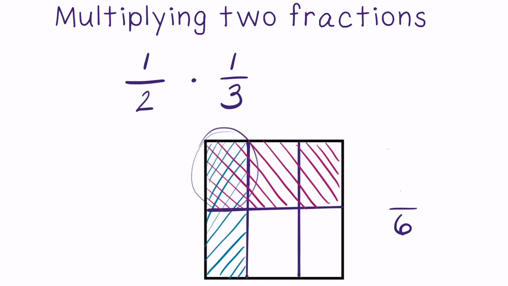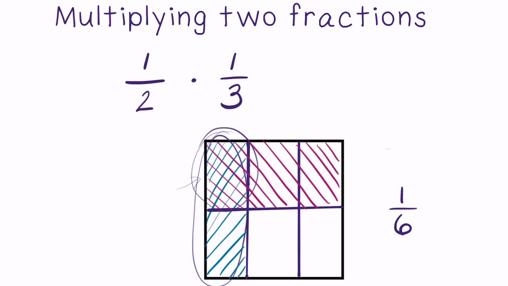Therefore, the visual shows us that 1/2 of that 1/3 is equal to 1/6. Therefore, we know that 1/2 times 1/3 equals 1/6.